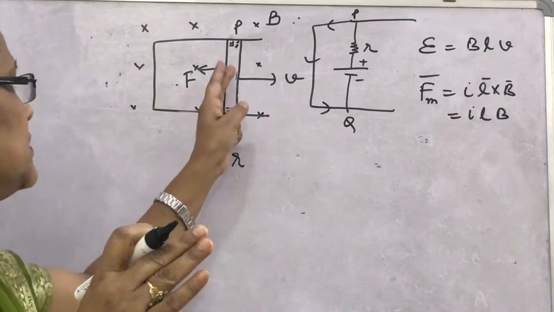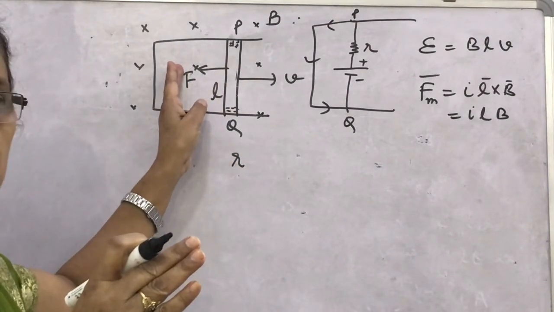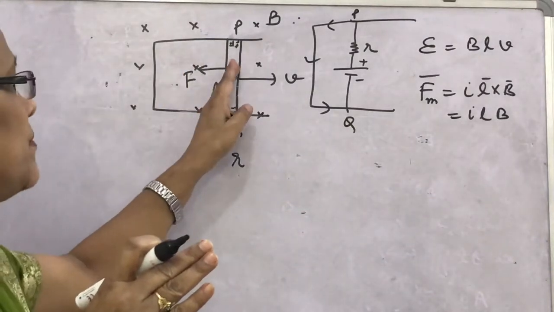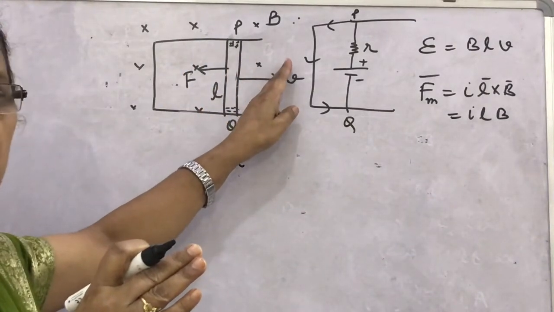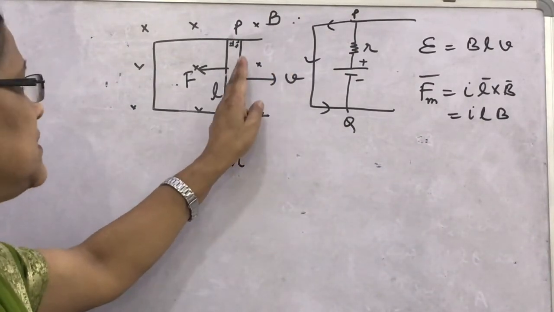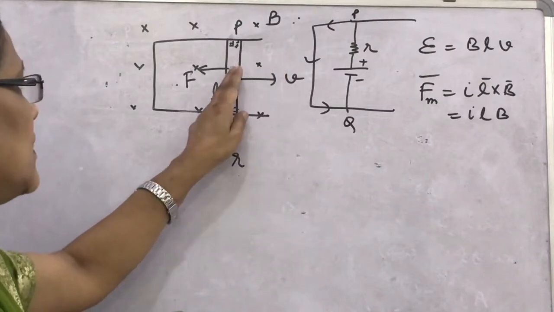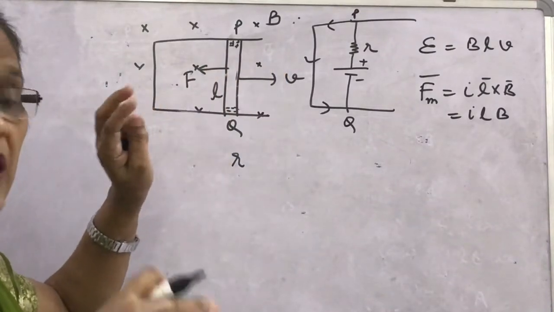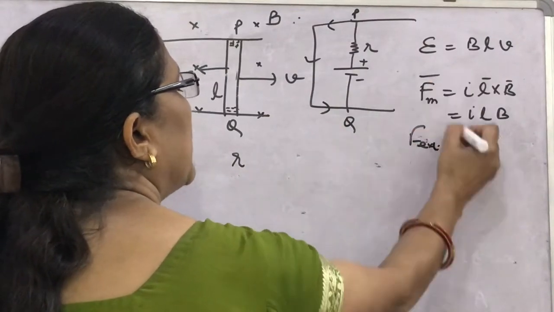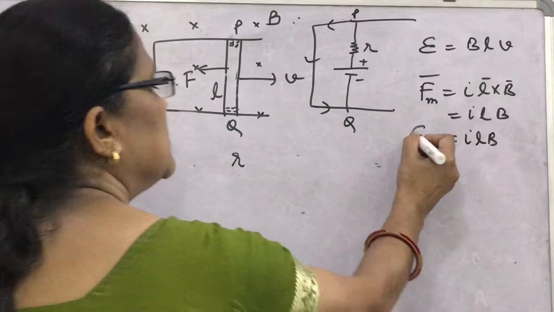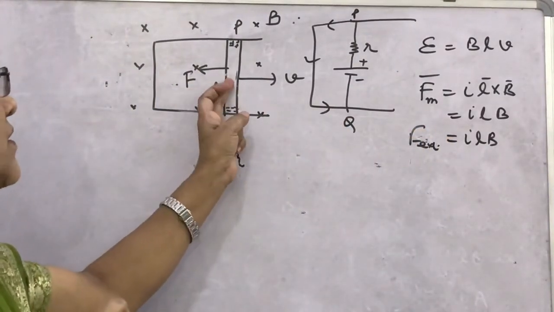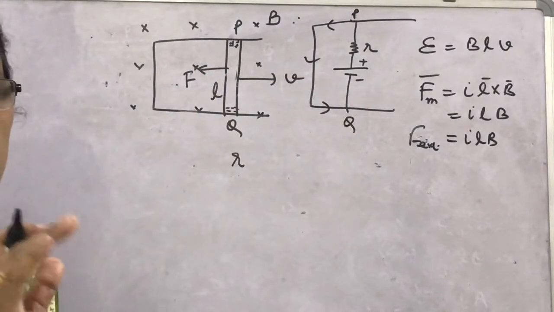Yes, whatever is the force acting on the rod on this side, the same amount of force is required on the rod acting on the other side, that is, opposite to the magnetic force. And this external force is the same as the magnetic force acting on the rod. This force is the external force, because now the net force will become 0 and the rod will move with constant velocity v.